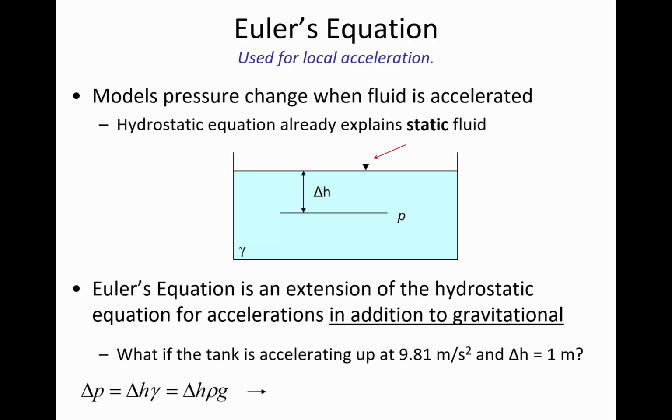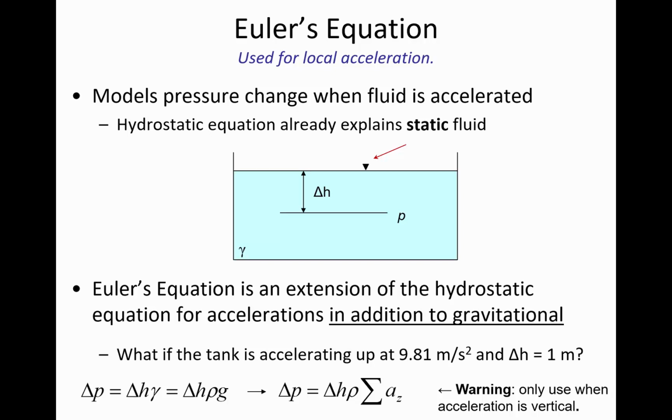But if g is the normal acceleration, and then there's an additional g on top of it, you could add up the accelerations, and if it's a vertical acceleration, then the pressure change is going to be 9.81 times 2, multiplied by the density of the fluid, which for water is 1,000 kilograms per cubic meter, and the delta H is 1 meter.